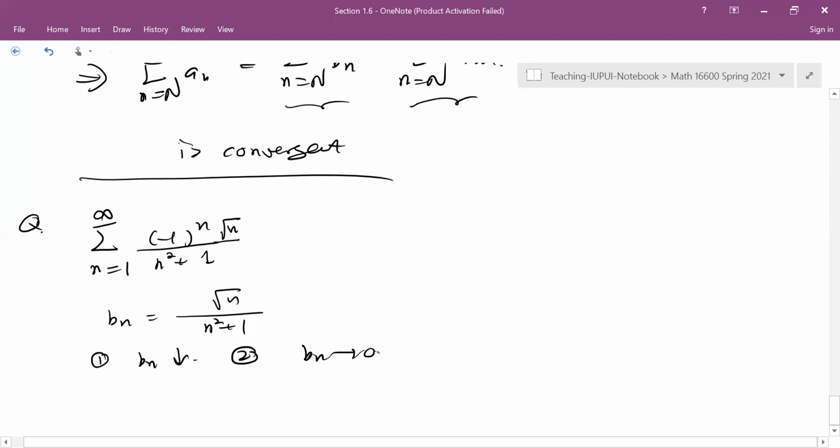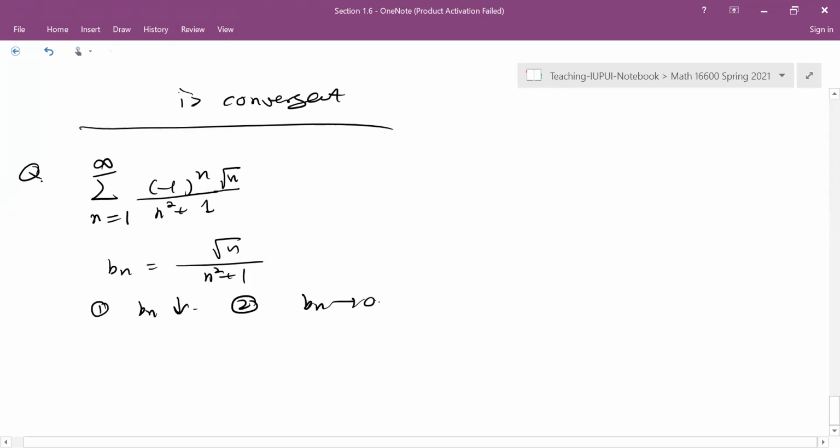Approaching zero is easy to see, but decreasing is not easy to prove. But you can, right? But it's not easy.